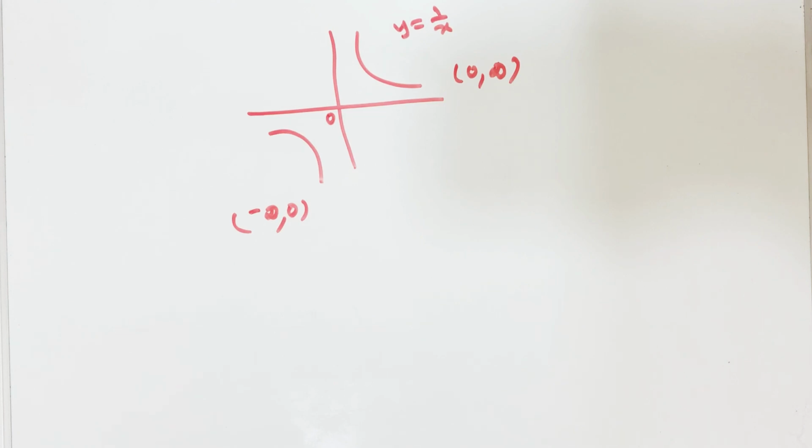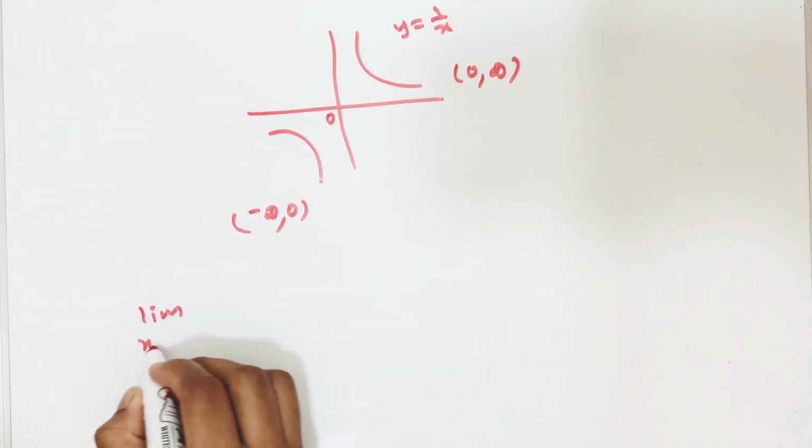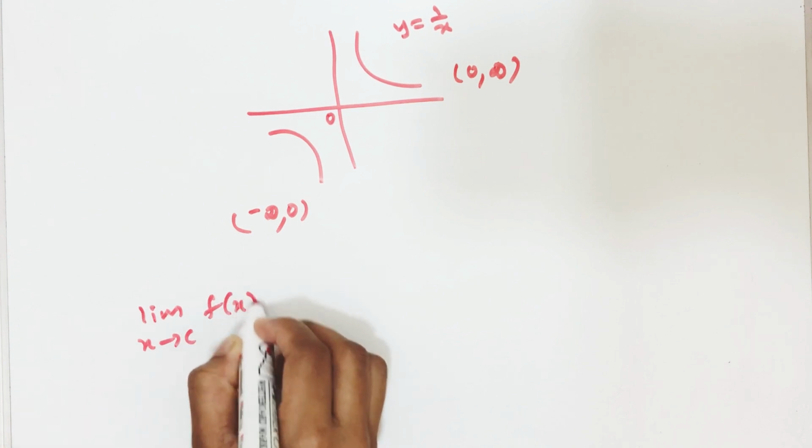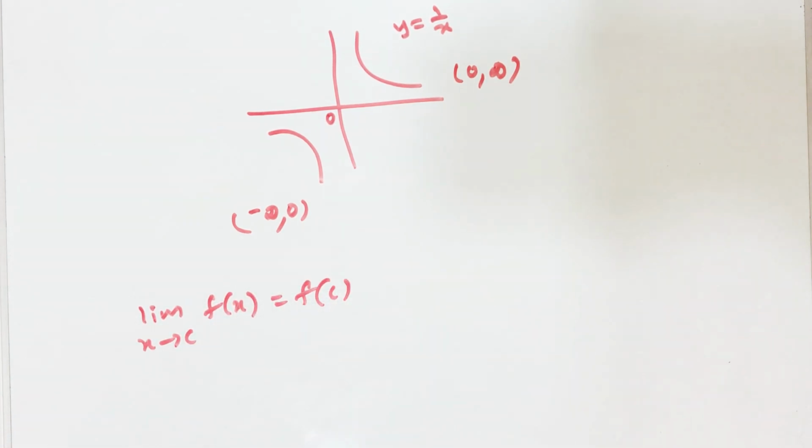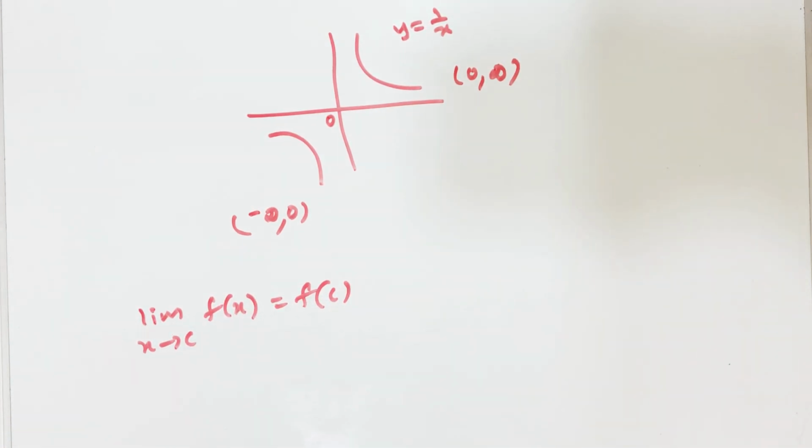We know continuity at an interior point. A function is said to be continuous at an interior point x equal to c if limit as x tends to c of f of x is equal to f of c. And also we have seen the continuity at the end points.